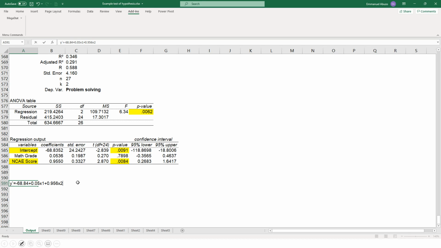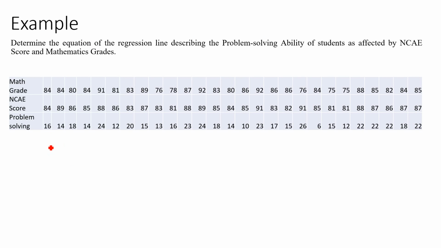Let's write this in our presentation. So we have the equation of the regression line: y prime is equal to negative 68.84 plus 0.05 x sub 1 plus 0.956 x sub 2.